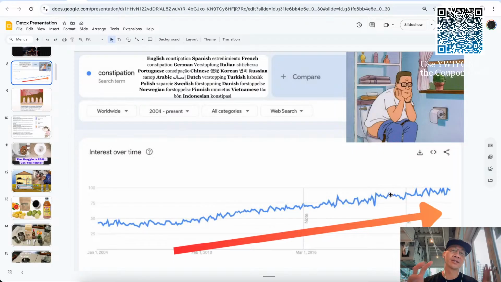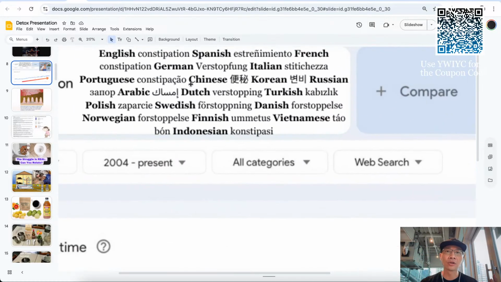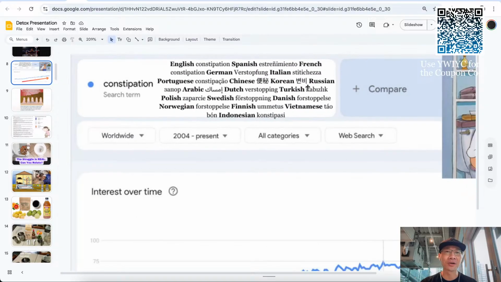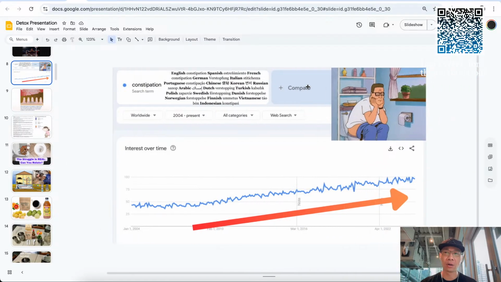Every single year, the number of people looking for chronic constipation relief is growing year over year. It doesn't matter if they're typing this keyword in English, Spanish, French, German, Portuguese, Chinese, or Russian, everybody in the world is struggling with chronic constipation.